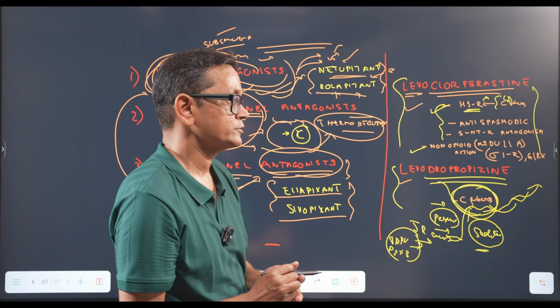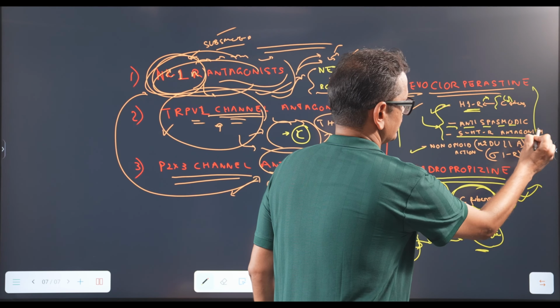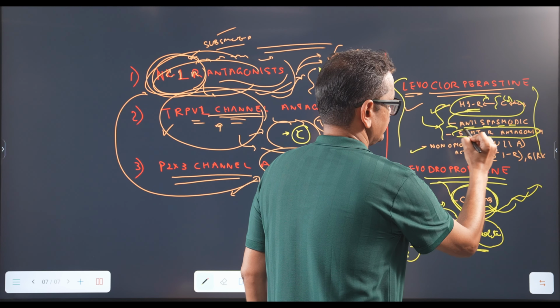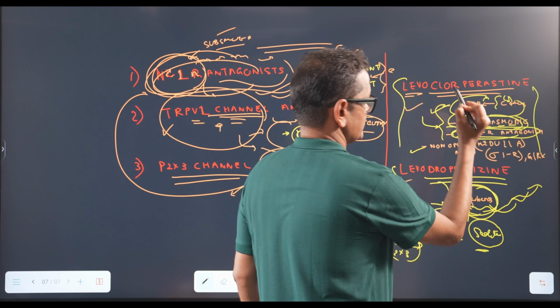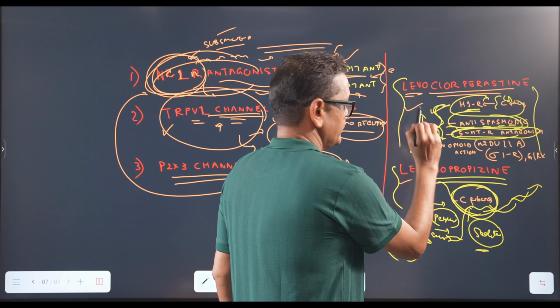So bronchial muscle is relaxed. That's why the patient gets relief. Third one is again serotonin antagonism. So it has got triple peripheral action: antihistamine, anti-serotonin, and antispasmodic. So clear?